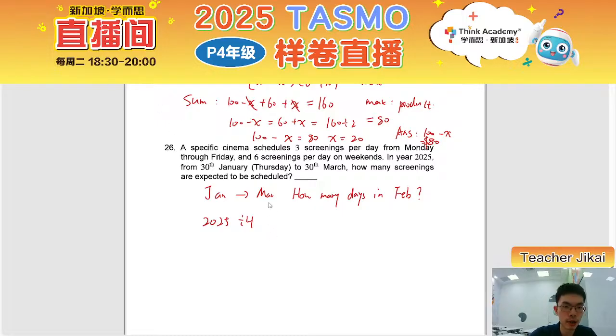If we have remaining 1 here, it means 2025 is not divisible by 4. So it means in February we have 28 days.